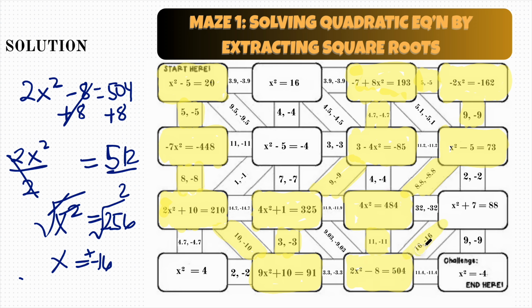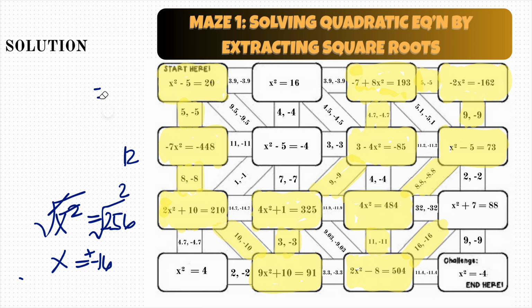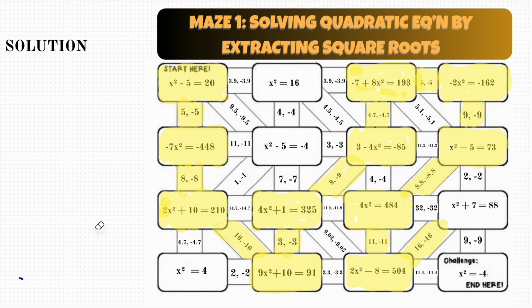Okay, we're almost there. We have, I think, two of the last puzzles. We have x squared plus 7 equals 88.